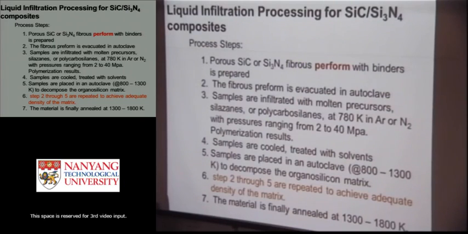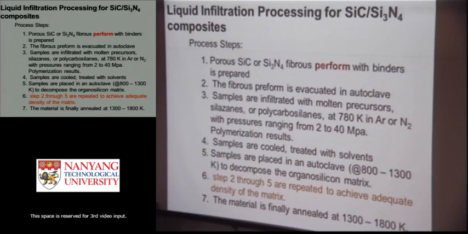However, during the pyrolysis, what will happen? You will lose some small molecules. When you lose small molecules, you will introduce some voids inside. You need to go back and repeat it. Why do we want to repeat this? Because those voids we need to fill in again.